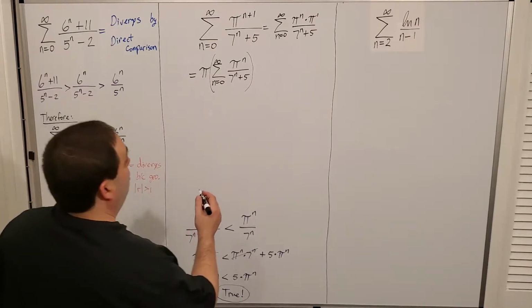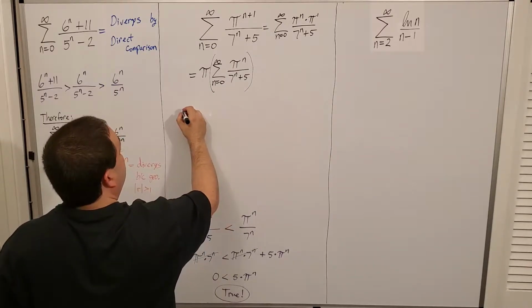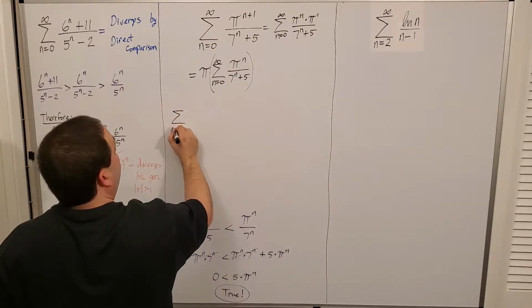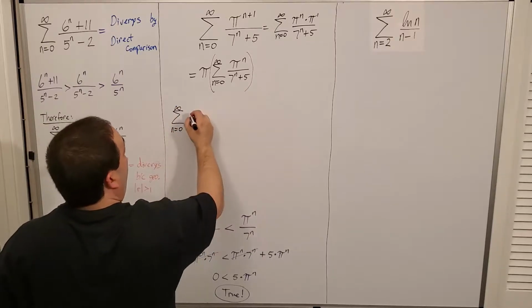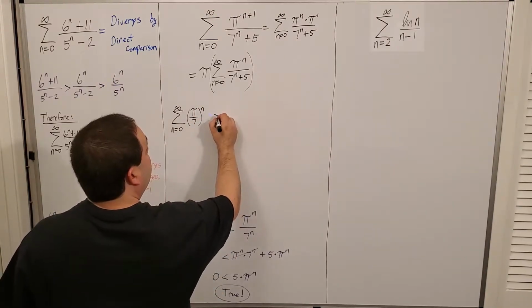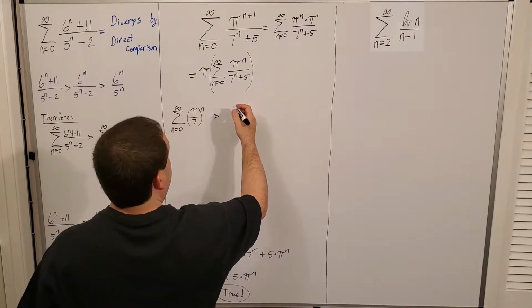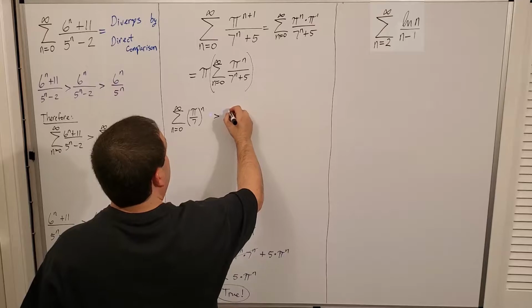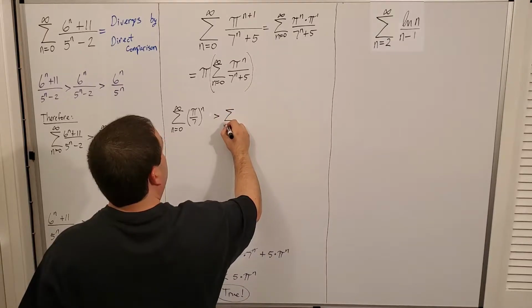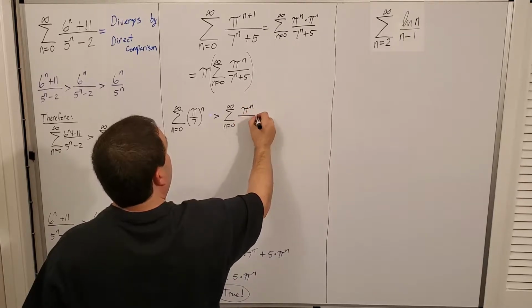So therefore, I can show that the sum from n equals 0 to infinity of pi sevenths to the n is greater than the sum from 0 to infinity of pi to the n over 7 to the n plus 5.